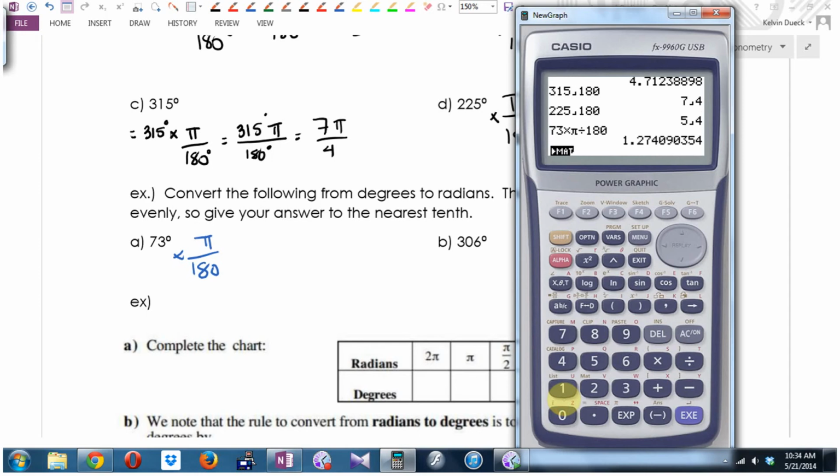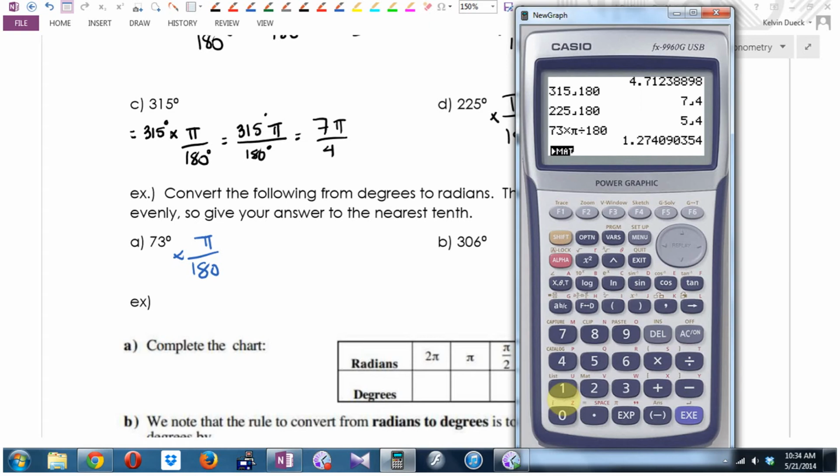All of you need to go find where your pi button is. Try this. Do you know where your pi button is?